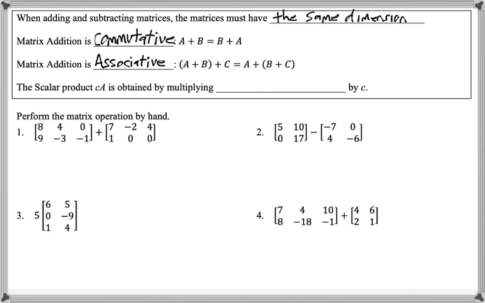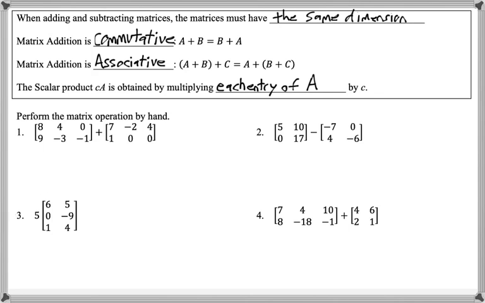And then lastly, the scalar product C times A is obtained by multiplying each entry of A by C. And we'll talk a little bit more about that on question 3.